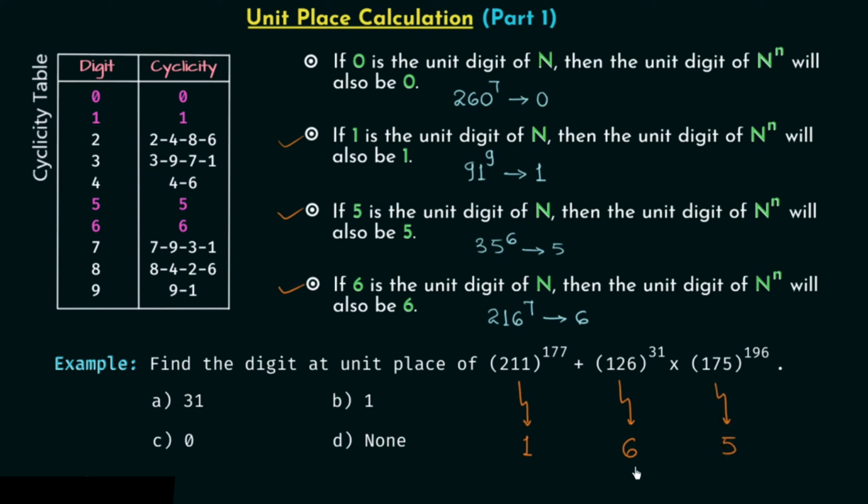And now we will multiply 6 and 5 because here we have multiplication. After this, the result will be added to 1 because here we have addition. 6 multiplied to 5 is equal to 30. 30 plus 1 will give us 31. And we can clearly see that the unit digit is equal to 1. So 1 is our answer of this problem, and therefore option B is correct.